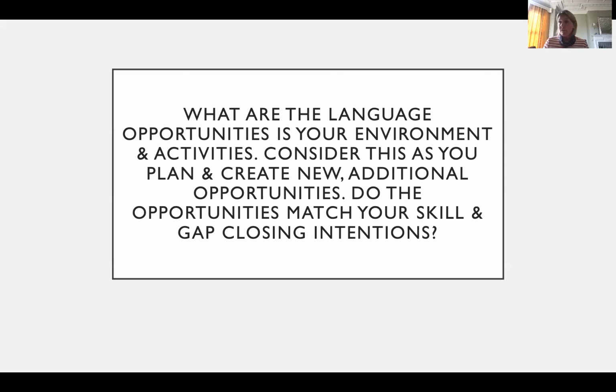So if you were deliberately prioritizing beginning, middle, and end as a way of involving language preparation in your phonics preparation, what are the opportunities that you've got already? Actually, we might want to deliberately add a few more, just so that we've got more opportunities to build that skill. So that I increasingly see my learning environment as opportunities for learning, but also opportunities for language enrichment.